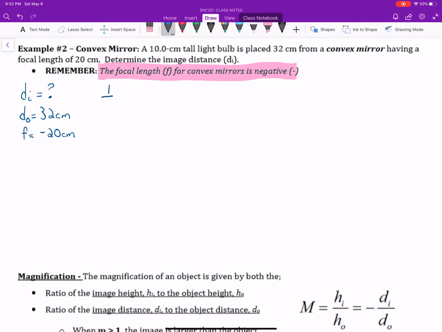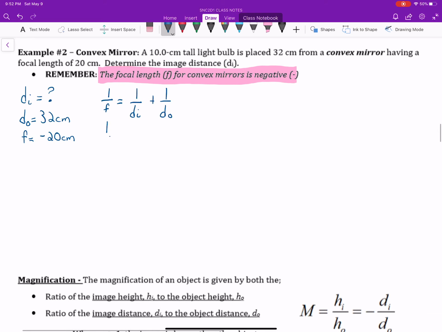And the mirror equation is 1 over f is equal to 1 over di plus 1 over do. Once again, we are looking for image distance, so we want to isolate the 1 over di. 1 over di is equal to 1 over f minus 1 over do.